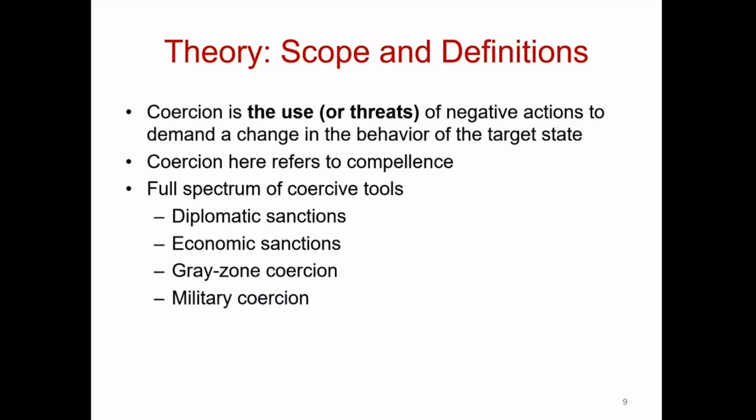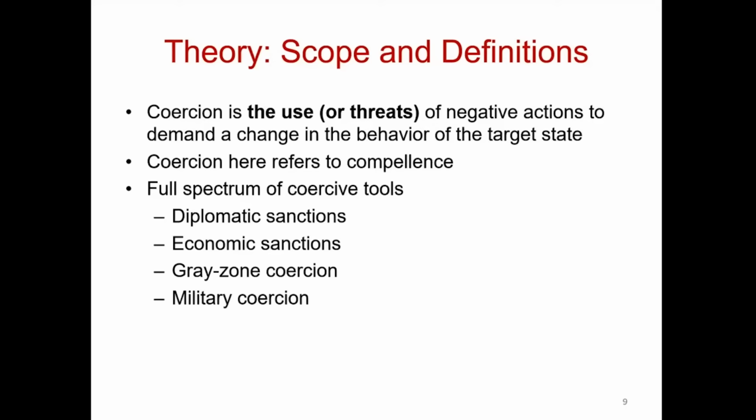And the first kind is diplomatic sanctions. An example could be canceling senior level meetings or, more extremely, cutting ties completely. And the second kind of tool can be economic sanctions. The banana ban that I introduced would be an example, but more extremely, one can impose a total embargo. So what straddles these strictly non-military and military coercion is what I call gray zone coercion.